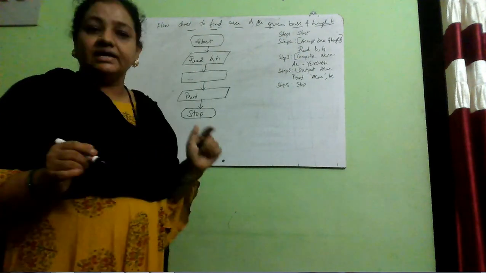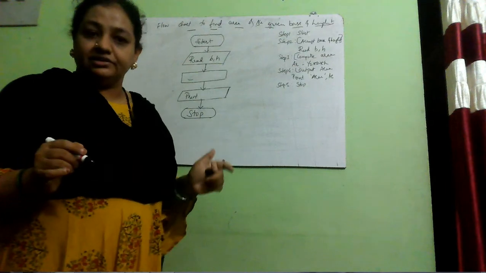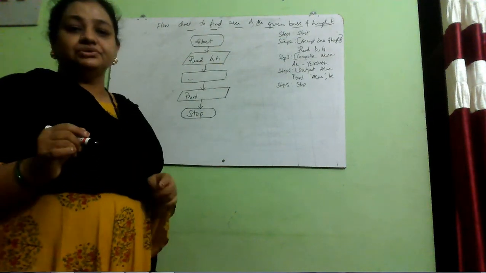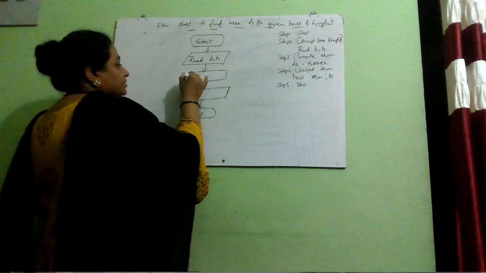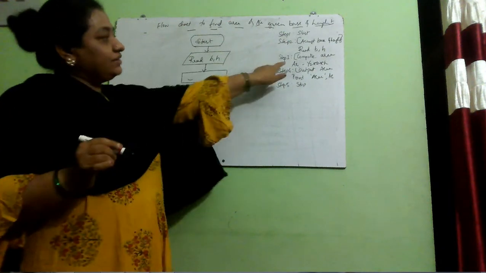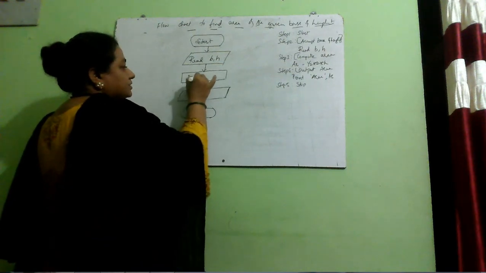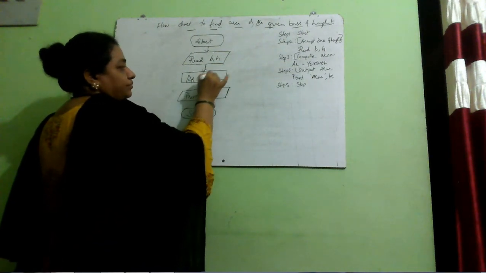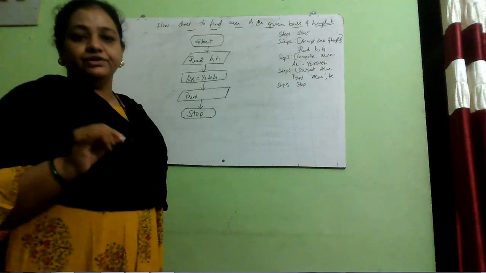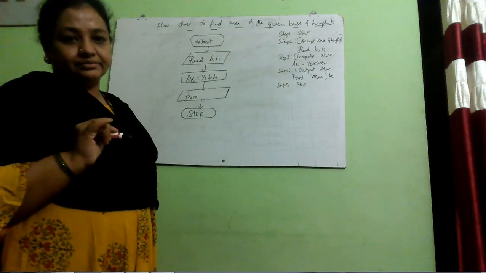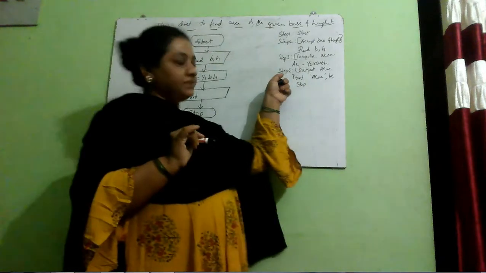It is up to you; whatever names you want, you can take. If you want to take BASE, you can, and for height, if you want to take HEIGHT, you can. But make sure that throughout the process, you use the same names.